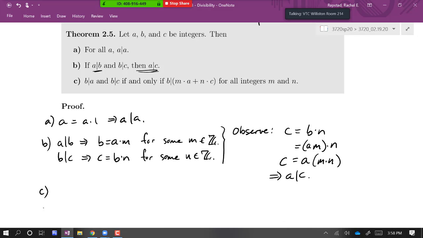Okay, part C. Takes a little bit more doing, but it's not terrible.